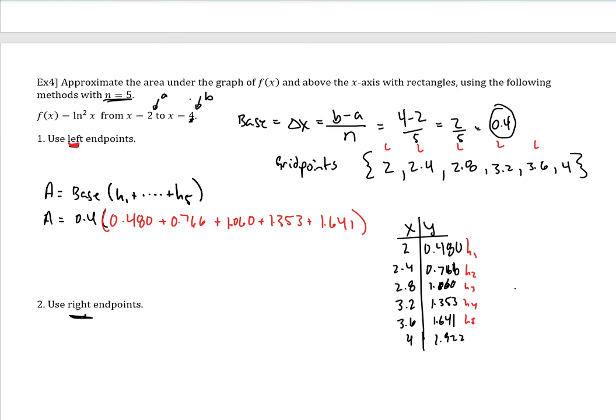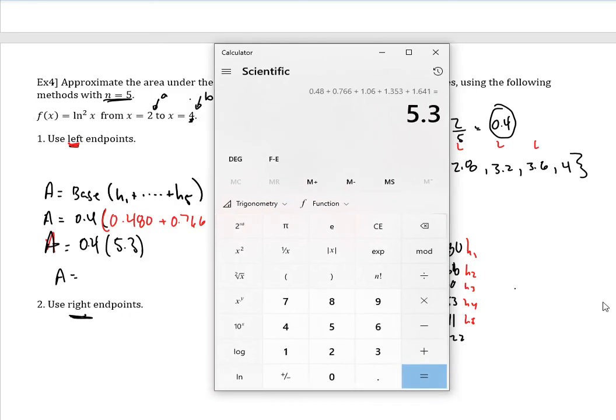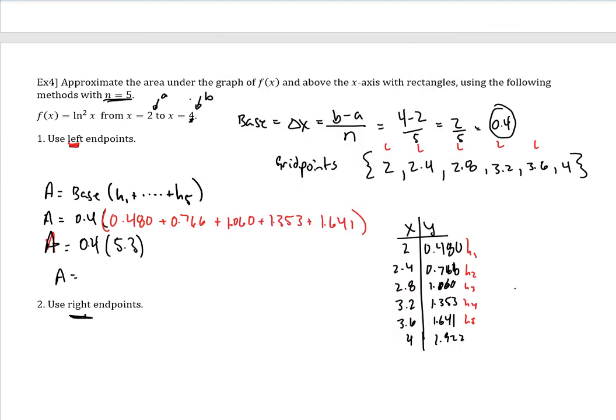So 5.3, and then we'll just need to multiply that by 0.4. So 0.4 times 5.3, and we get 2.12. There it is. Okay, so we found that area.